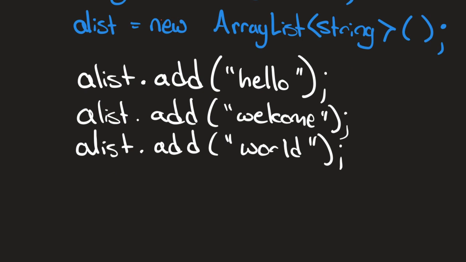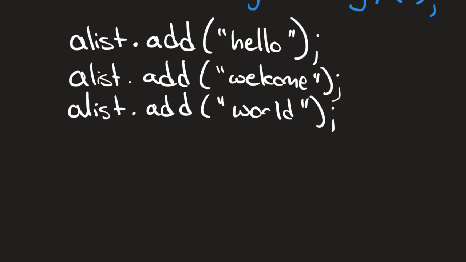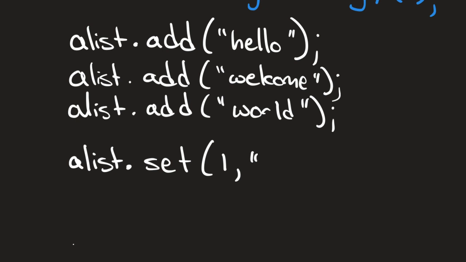Now, another function that we can use is .set. So we can say ArrayList.set at index, and give it an integer. In this case, I want to say at index 1, and put in a string here that I want to change it to.